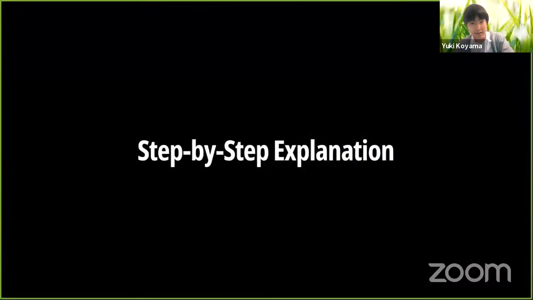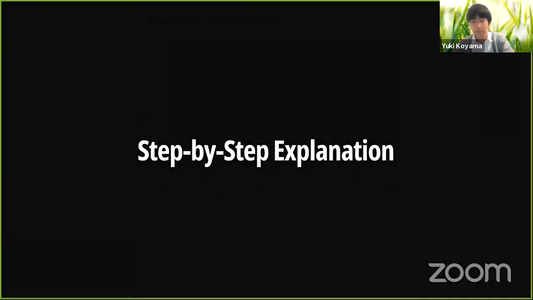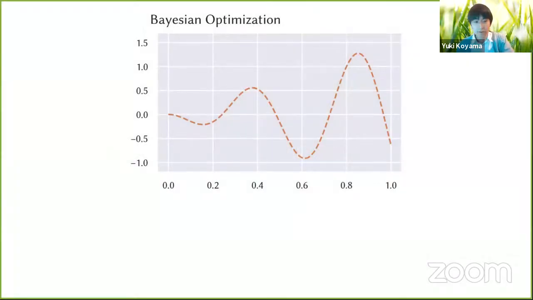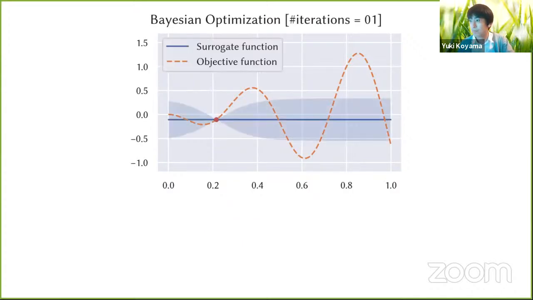Let me explain its behavior step by step. Suppose that this is the unknown objective function. For the first iteration, we choose an arbitrary point since there is no data yet. Then BO tries to estimate the landscape of the unknown objective function using the observed data, at this moment only 1 point.